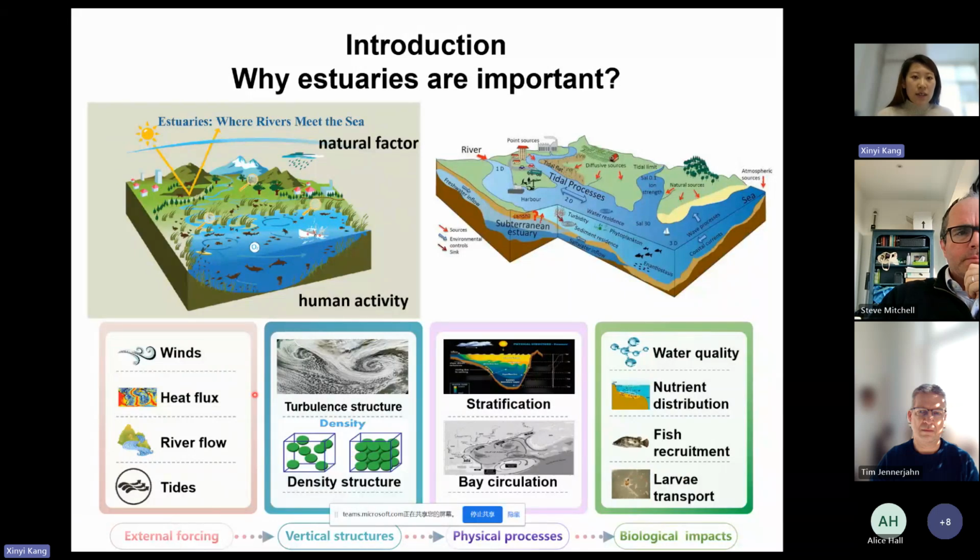In addition to these natural factors, human activities such as land reclamation, dam construction, and industrial wastewater discharge further affect coastal dynamics and ecology.